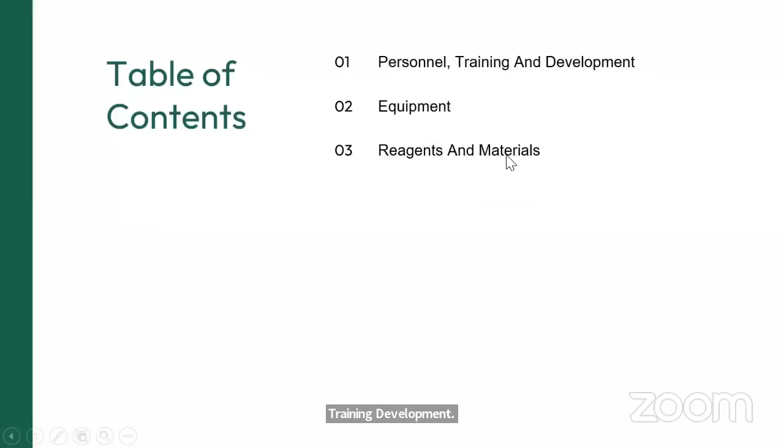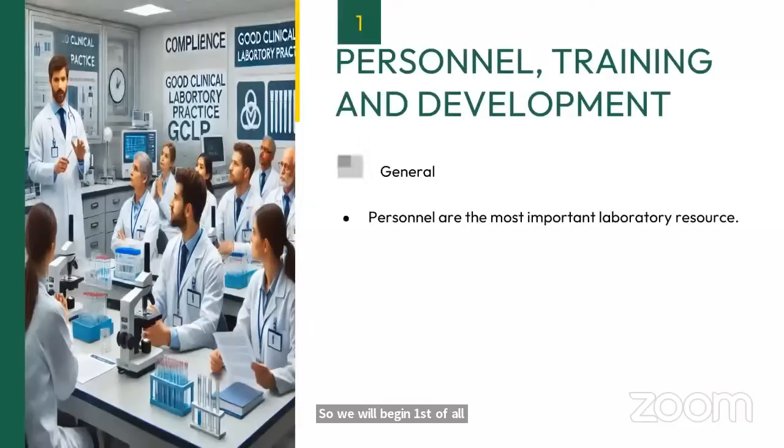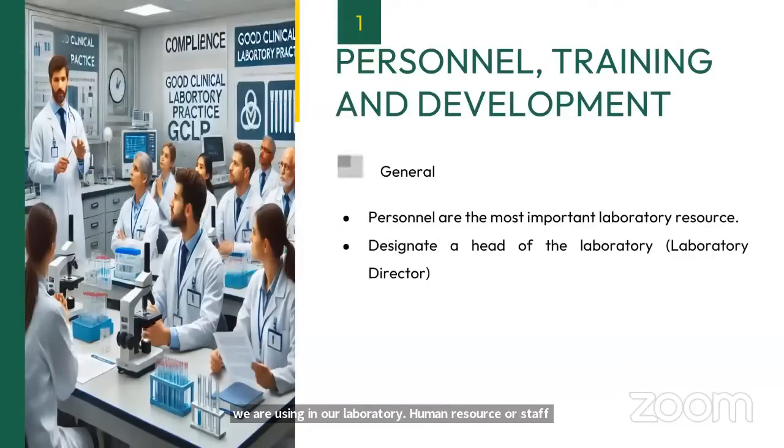We will begin first with personnel. This is the most important resource in our laboratory. Human resource or staff is the most important, because without it we will not be able to practice good laboratory practices in our laboratory.